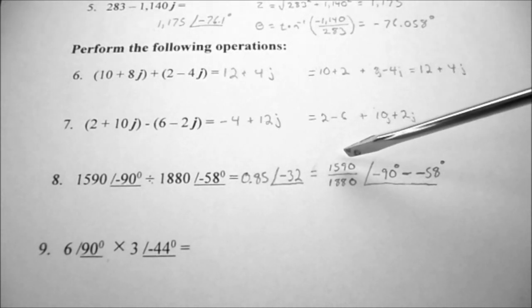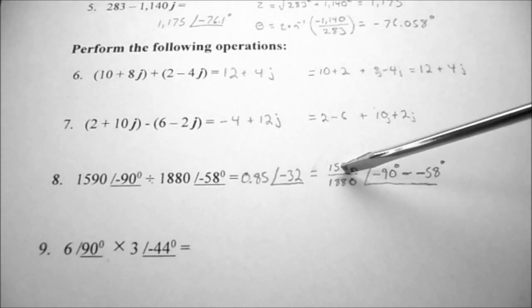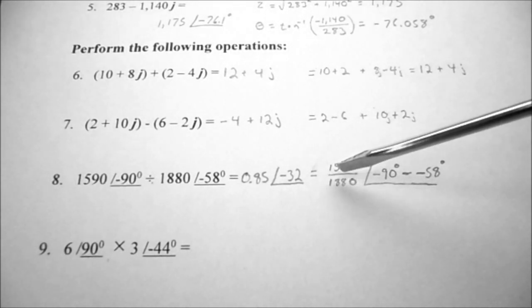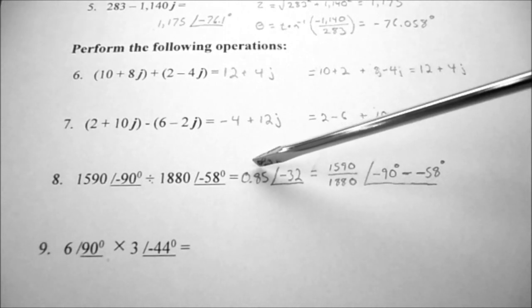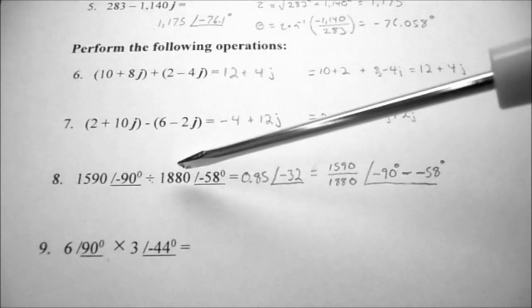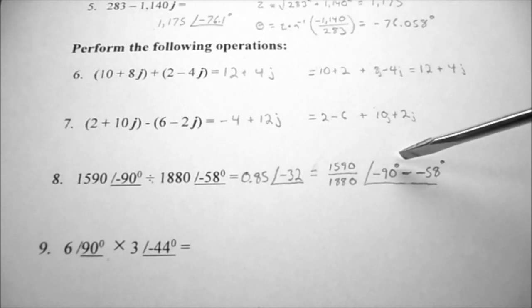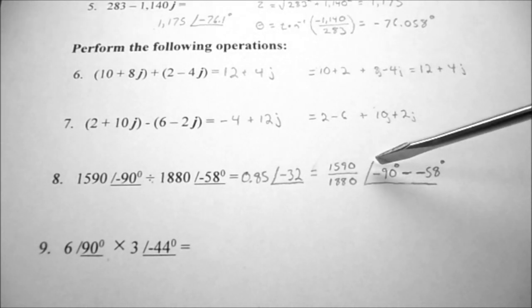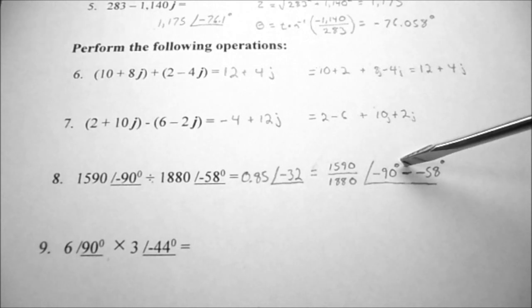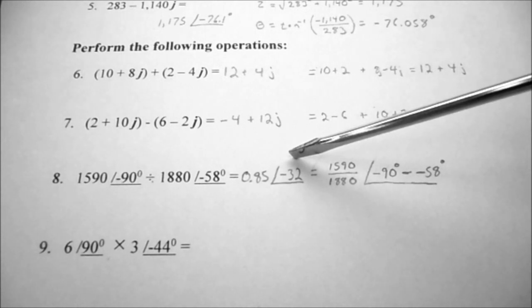So what we do is we take the 1,590 and divide it by the 1,880, and that works out to 0.85 or 850 milli of whatever we were working with. And for the angles, we just subtract them, so it becomes minus 90 minus minus, or plus 58, and that works out to minus 32 degrees.